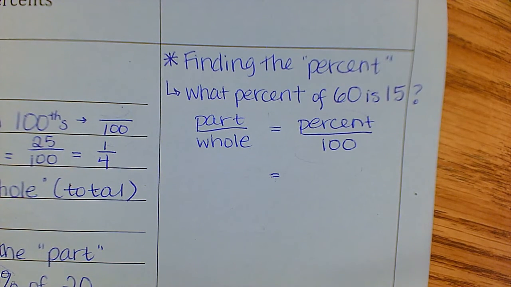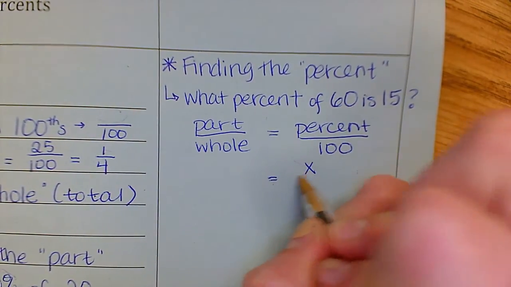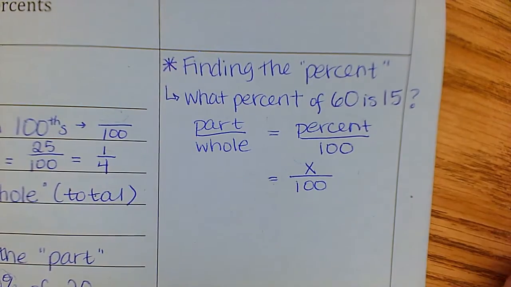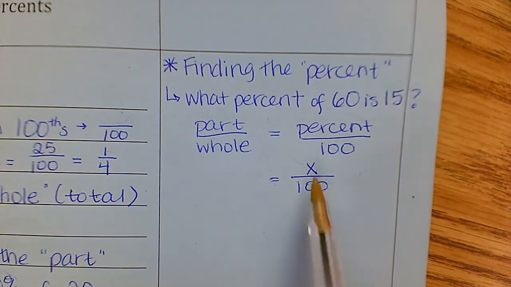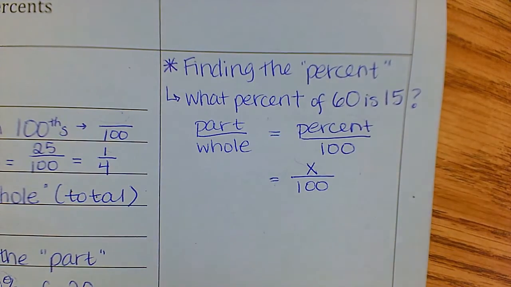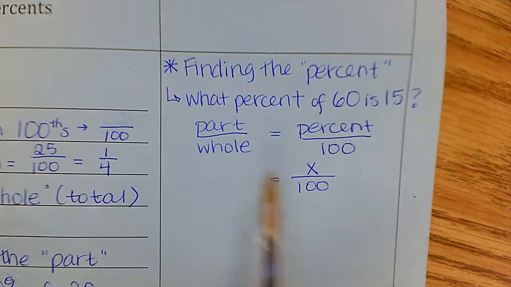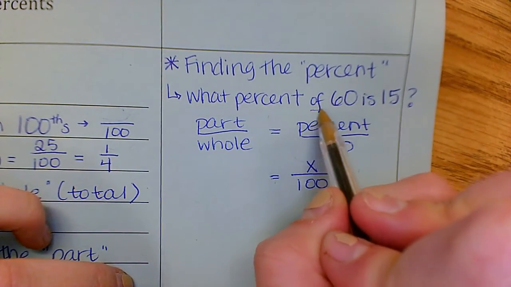How about Isaac? How about you tell me what the fraction would be? Great job, Isaac. It would be x over 100. Good, because my percent is the unknown, so that's my x, and it's always going to be out of 100 because it's a percent. So now I need to look at the other side, the part and the whole. So what percent of 60 is 15?